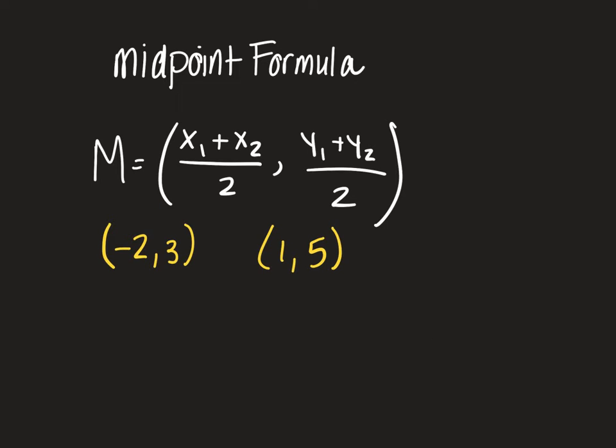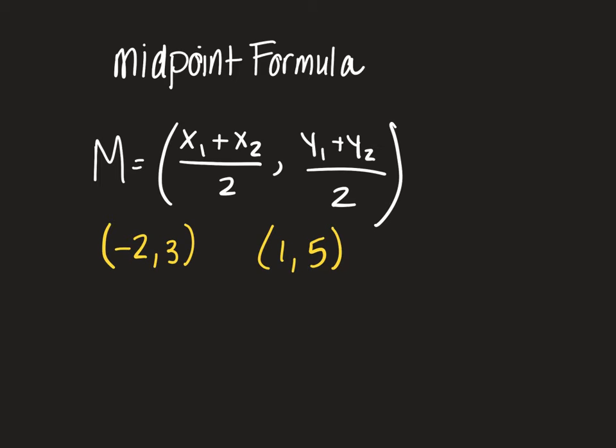Next we're going to find the midpoint between 2 points. Here we have our midpoint formula, and your final answer is going to be in coordinates. Let's practice finding the midpoint between the points (-2, 3) and (1, 5).